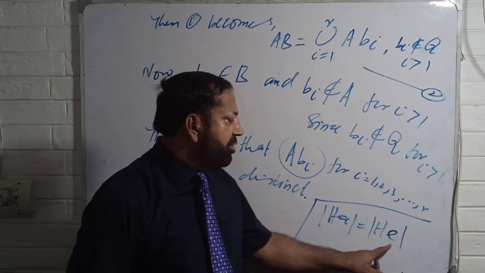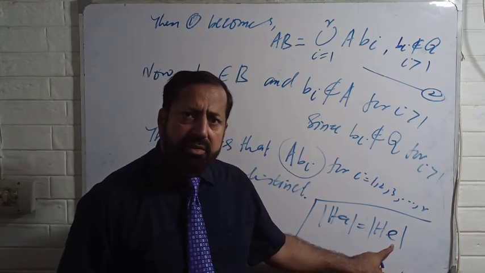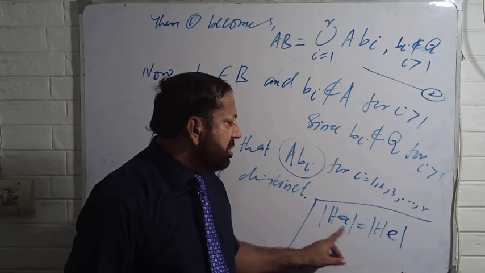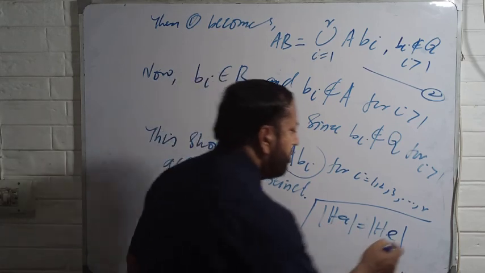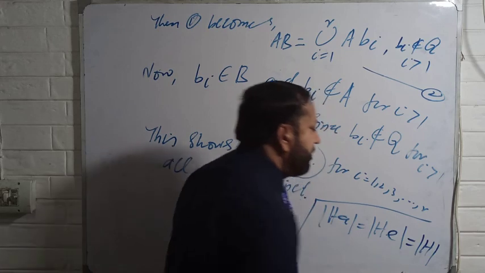Since HA and HE are both right cosets, the order of HA is equal to the order of HE, which is equal to the order of H as well, right?